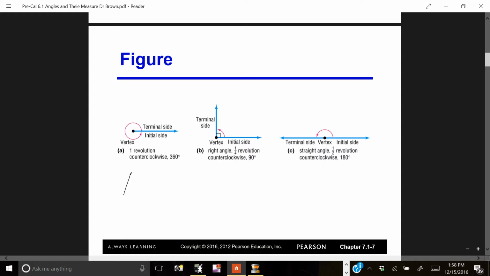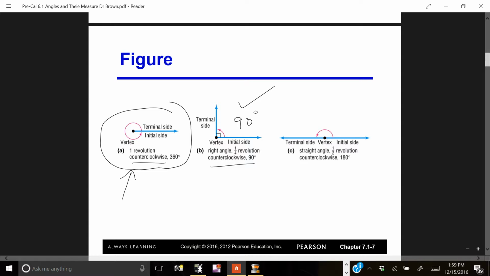Look at several other cases. Let's start at the initial side and end up on the same side, and we have traced basically a circle, one revolution, which you know is 360 degrees. In this particular case you can see that we've gone 90 degrees and it's a right angle, that's 1/4 of a revolution.